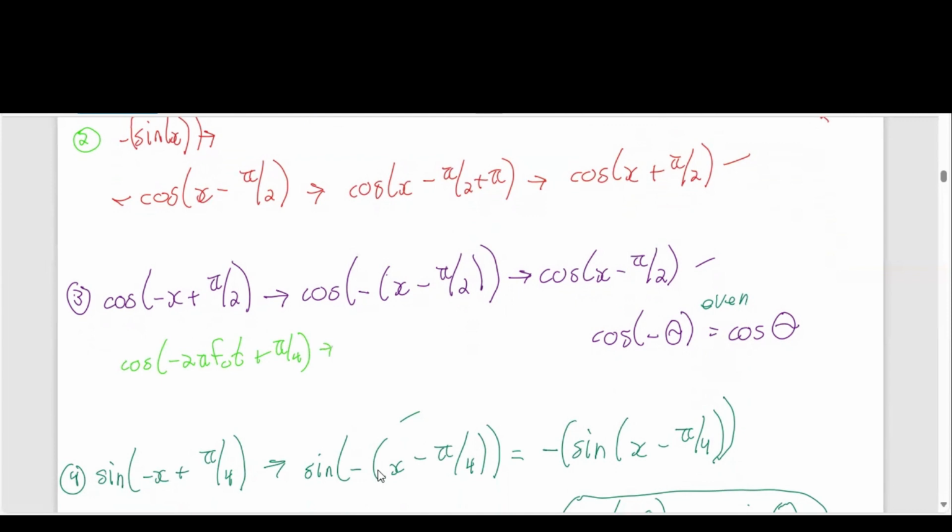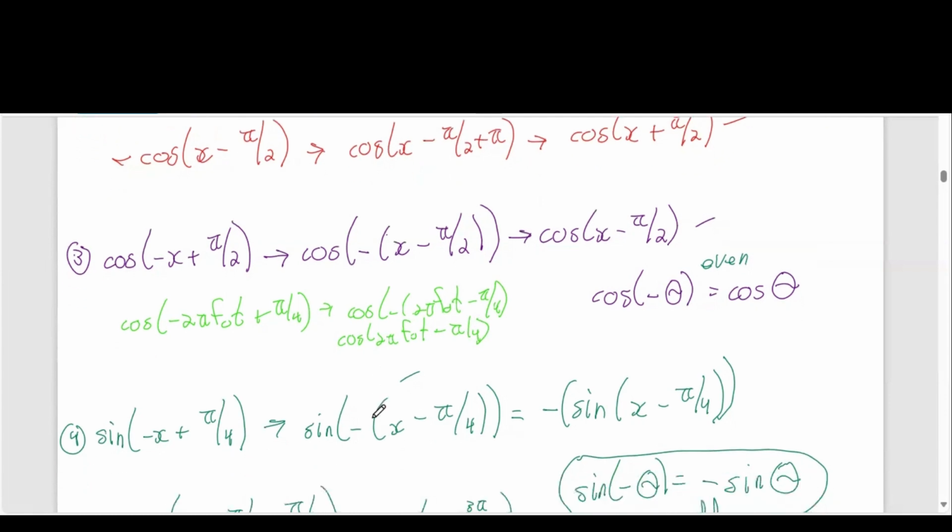So for this, what we have to do is factorize the minus and pull it out. So cos, because cos is even, it would just end up being cos of 2 pi f naught t minus pi on 4. Right, so that is similar to what you will see. So let's use the x because obviously I don't want to write 2 pi f naught t over. Right, so that's the third one.